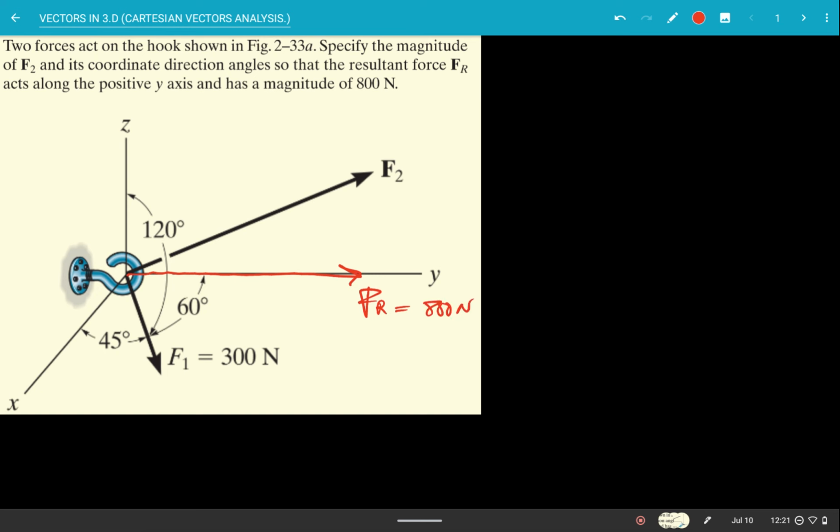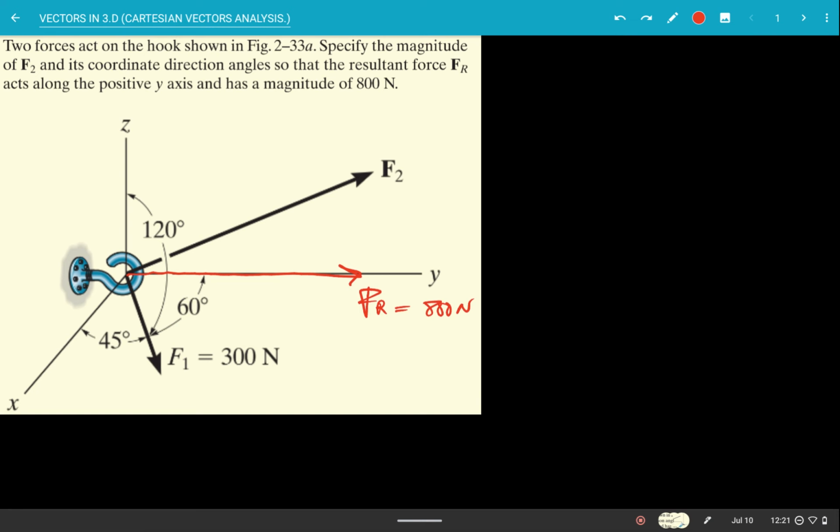Now we know the value of Fr, and we know that Fr is only positioned in the J. F1 has positions that are dependent on the directional angles that are present. We have 45, 60, and 120 degrees.